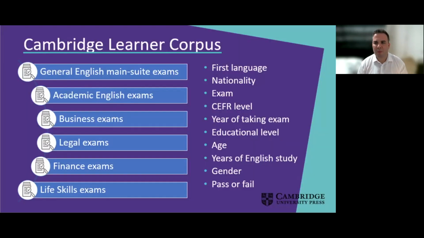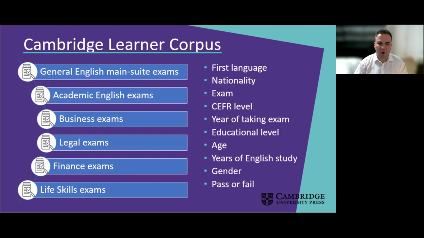The Cambridge Learner Corpus is unique because of its size and also because of its annotation scheme. The exam scripts in the corpus have been error-coded. A team of specialists have worked through each text and annotated any errors with computer-readable tags. This means that the corpus can easily be searched to find out where learners are successful in their use of English and where they typically struggle.